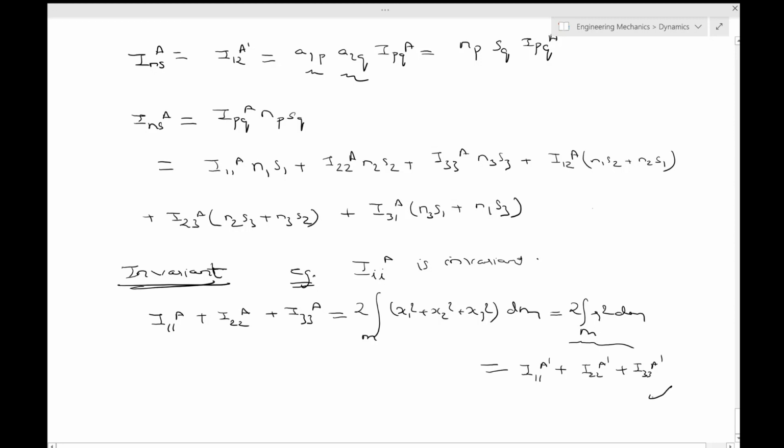Okay, so I11 A plus I22 plus I33 is the same as I11 dash, I22 dash and I33 dash. So that's why under any transformation this summation will remain the same, and there are several more forms of this. This is not the only invariant, but you should be aware of what this invariant means. Okay.